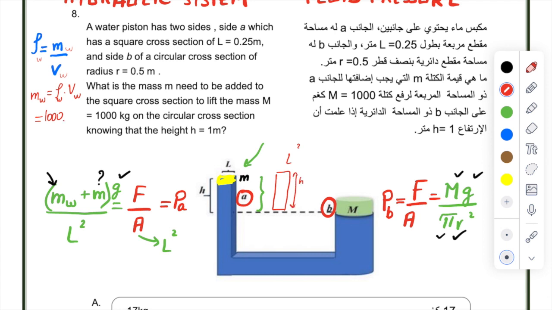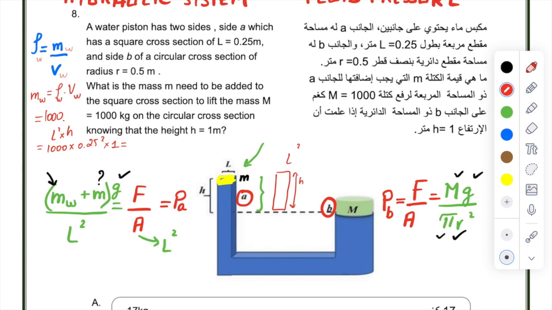So the volume here is L squared times the height, giving 1000 times 0.25 squared times the height, which is 1.